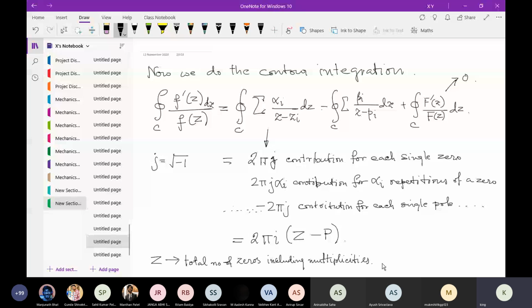That means if it is a multiple zero, you have z minus 5 squared, then that counts as 2.